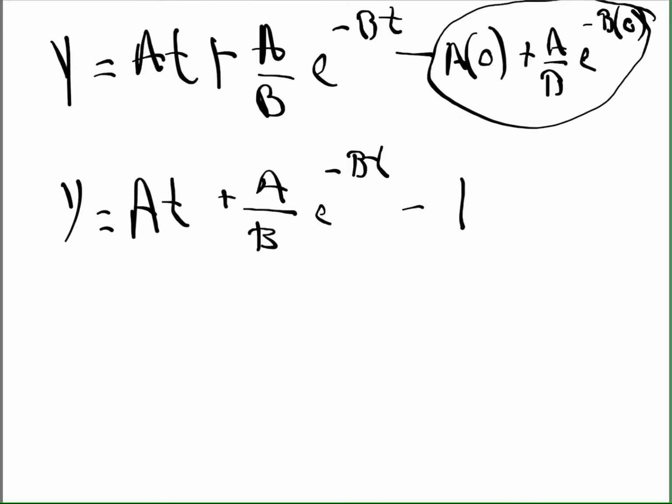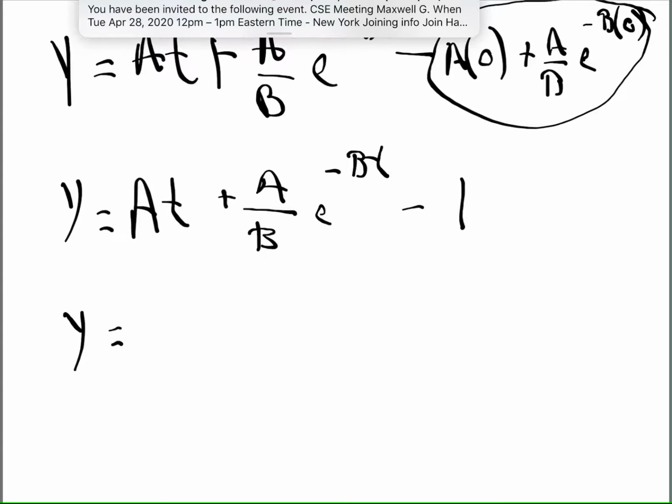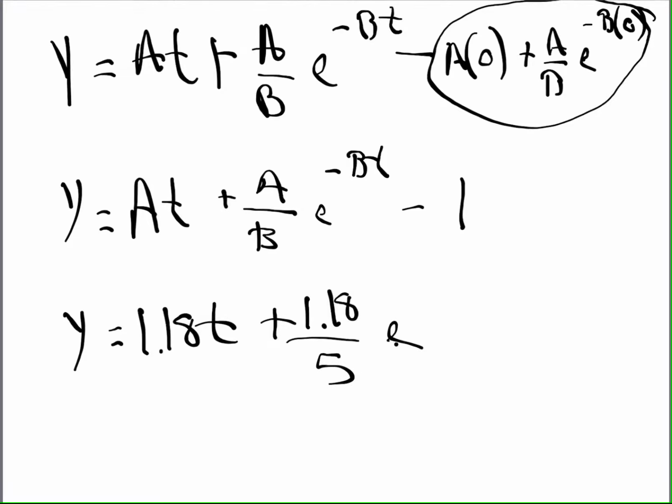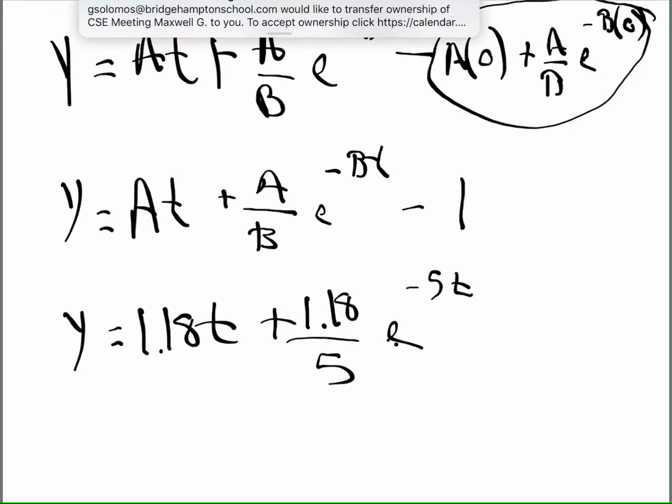Okay. Now, if we want to plug in the numbers now, that's going to be 1.18t plus 1.18 over 5 e to the negative 5t minus 1.